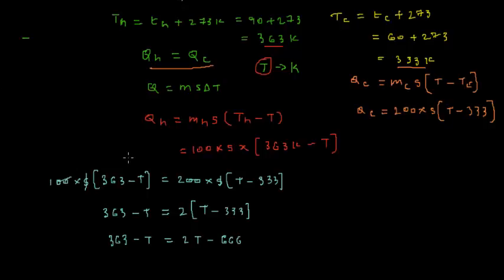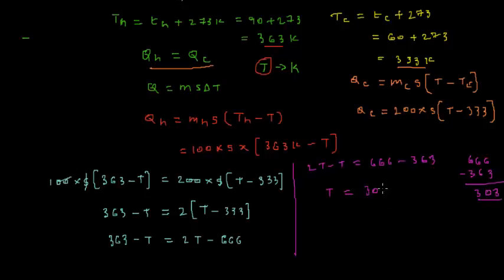Then I'll be getting 2T minus T is equal to 666 minus 363. So T is equal to, 6 minus 3 is 3, 6 minus 6 is 0 and 6 minus 3 is 3. So I got 303 Kelvin.